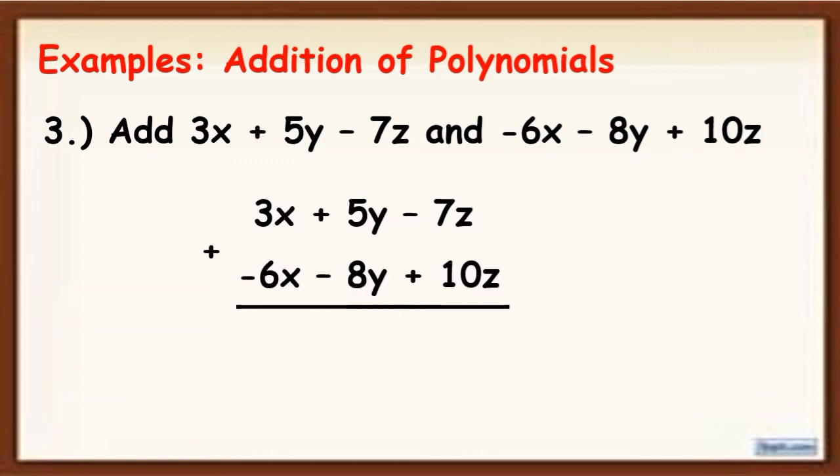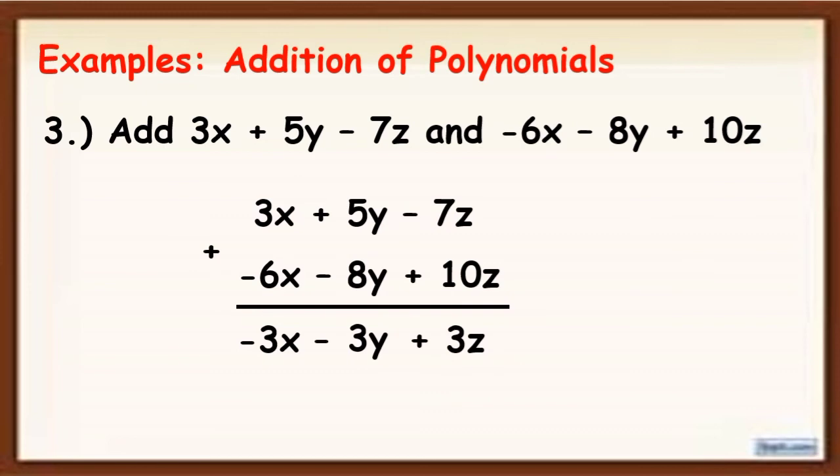Now let's simplify. 3x plus negative 6x is equal to negative 3x. 5y plus negative 8y is equal to negative 3y. Negative 7z plus 10z is equal to 3z. So therefore, our final answer is negative 3x minus 3y plus 3z.